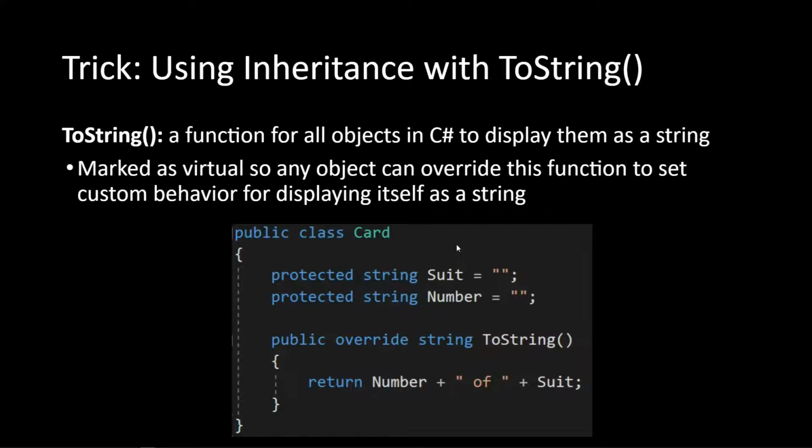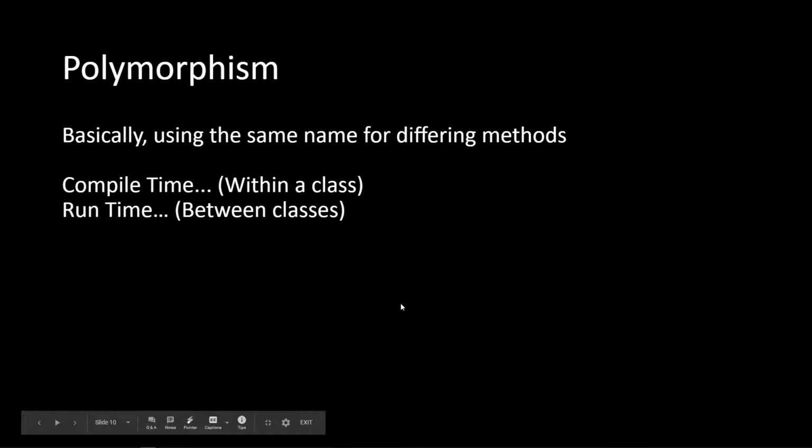So, for example, if you wanted to create a card and it had a suit and a number, which are both strings, you could override that so that when you said, okay, ToString for this, it will put these two things together, right? So this is an example using ToString to define things and inherit things, all right?